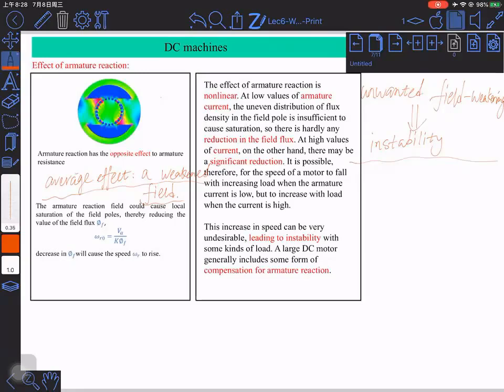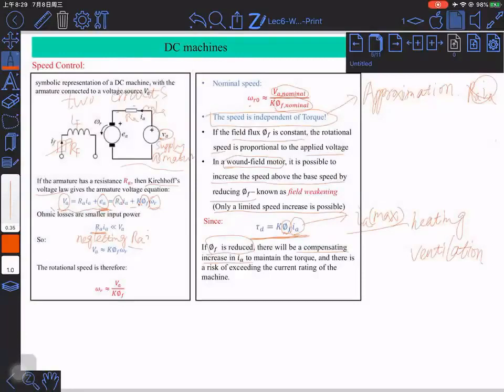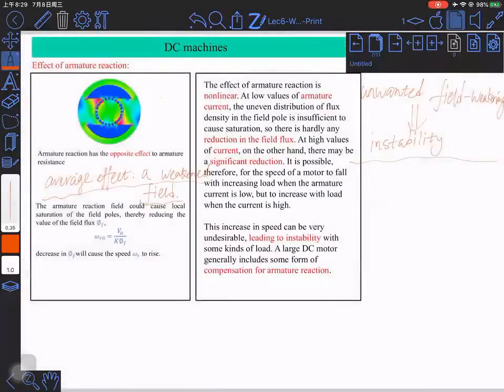Previously, we mentioned an approximation: if we ignore the resistive voltage loss, R_A I_A, the motor speed is nearly equivalent to the armature voltage over K phi. So if you put it here, this is an approximation.